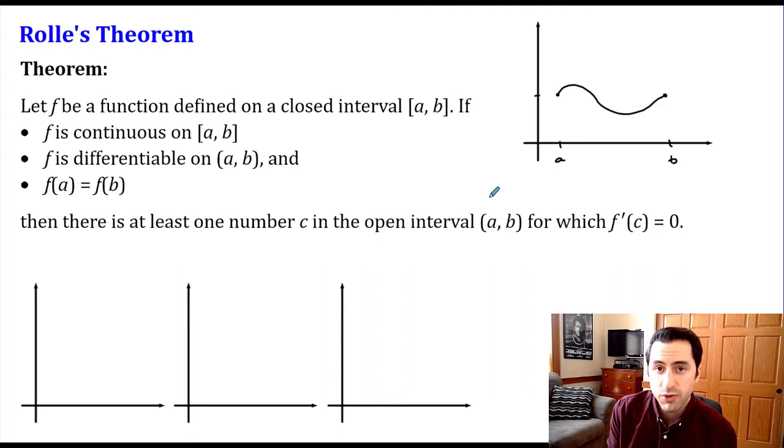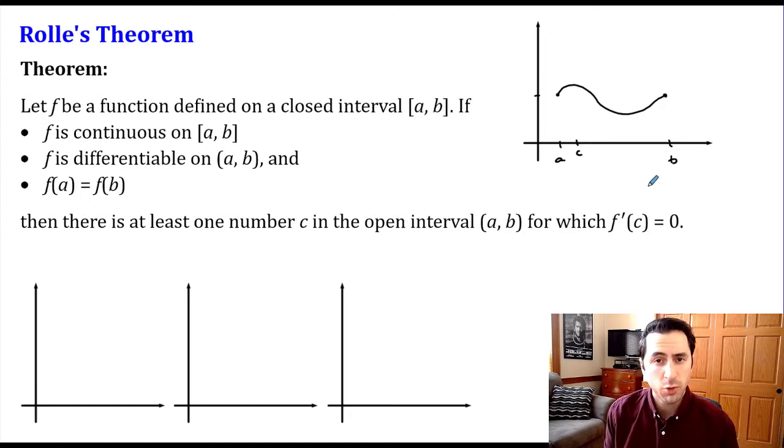So as long as those three criteria are met, then there's at least one number c in this interval for which f prime of c is equal to 0. So what that last statement means is that as long as these three conditions are met, somewhere in between a and b, we can find another number c such that the derivative is going to be equal to 0.